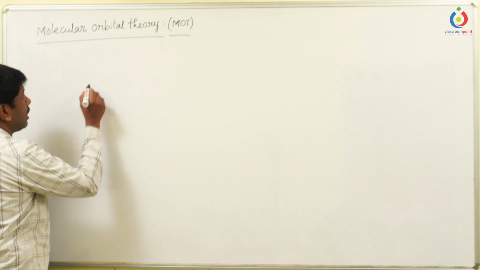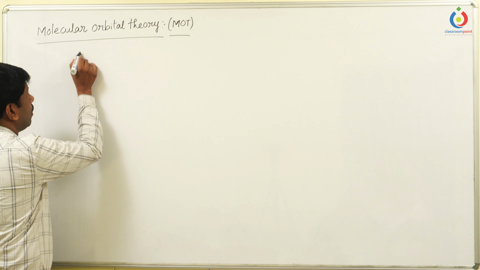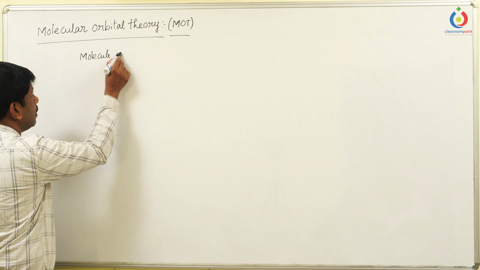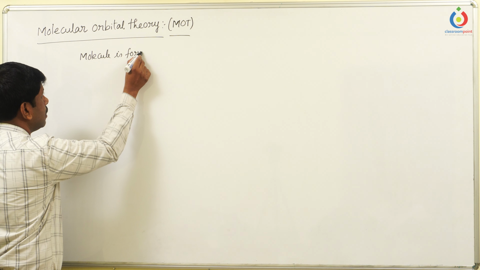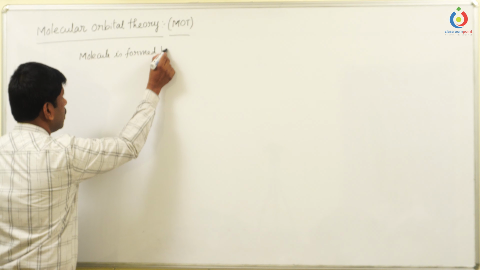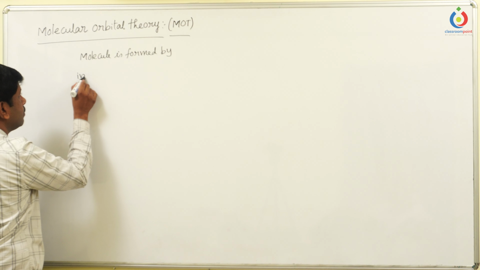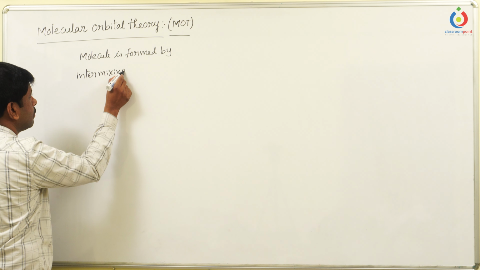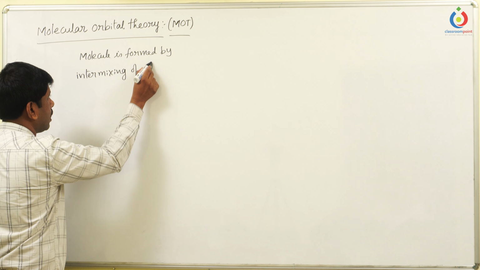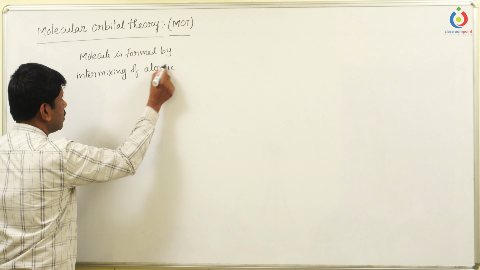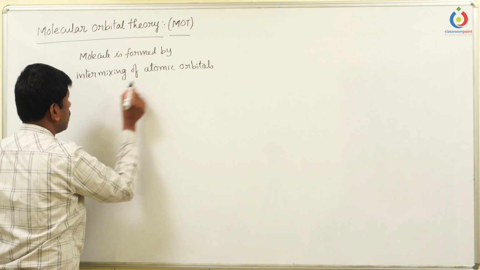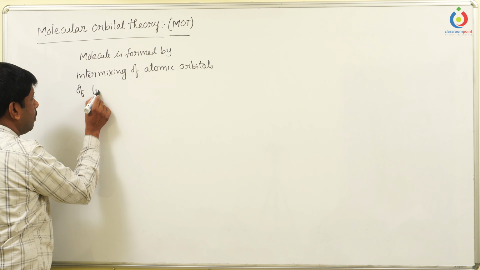So according to molecular orbital theory, a molecule is formed by intermixing of atomic orbitals of two bonded atoms.